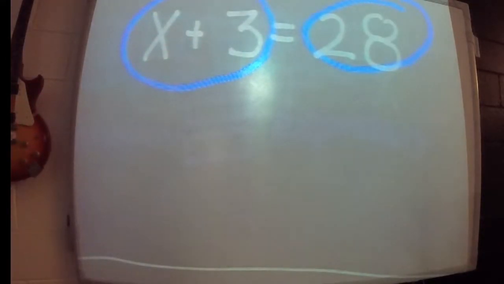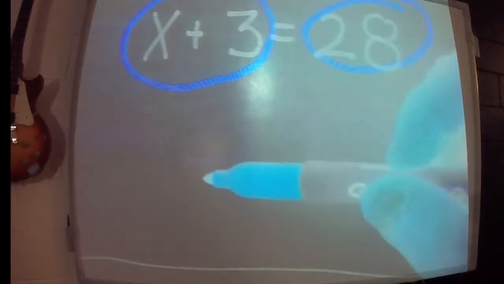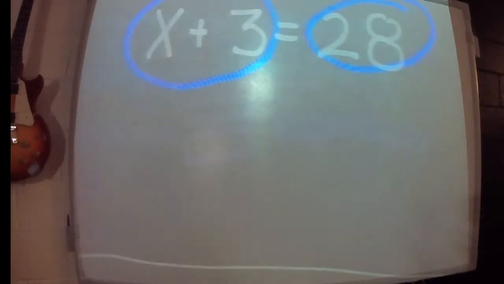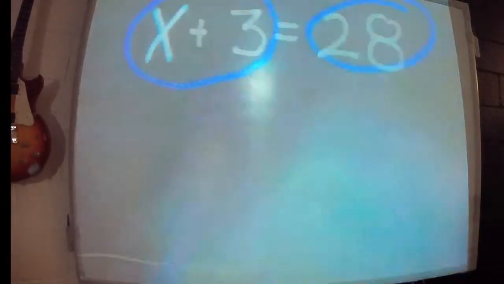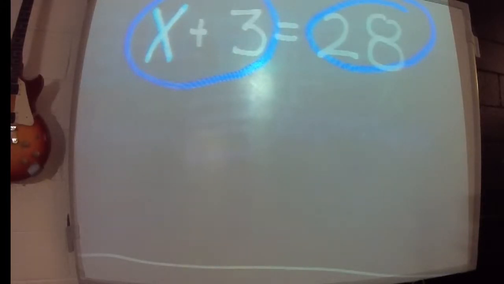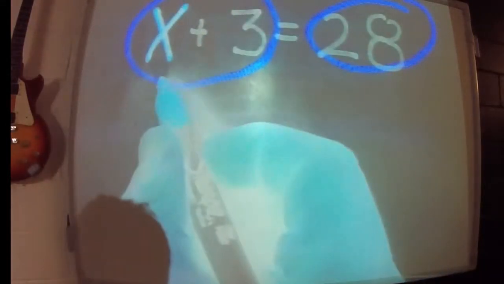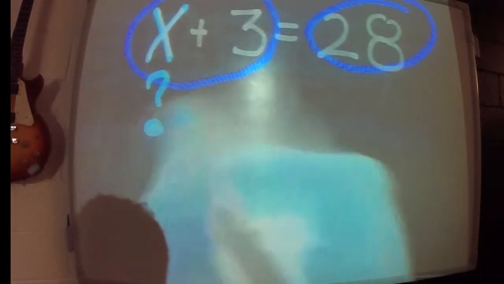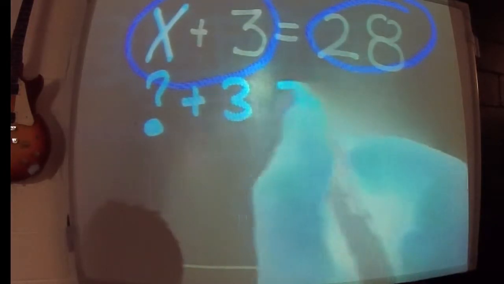Now, here's what really blows people's minds when they get up to middle school, high school, and they go, when did they start putting letters in? That X right there, all it is, is holding the place for some unknown number. If you don't like the letter X, think of it like this: what number plus 3 equals 28?